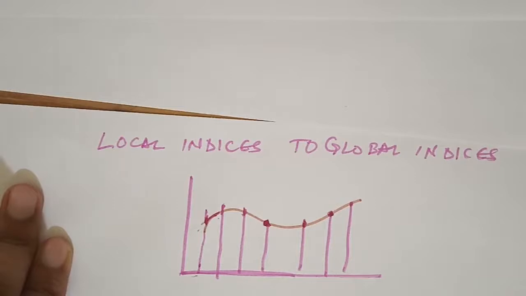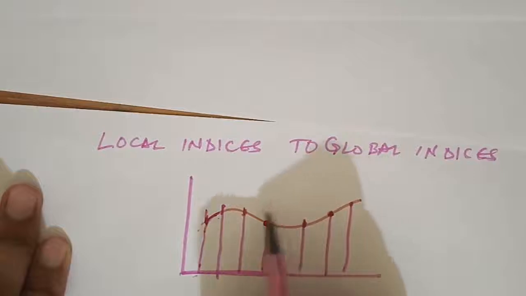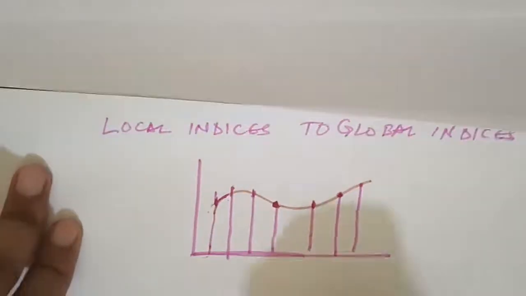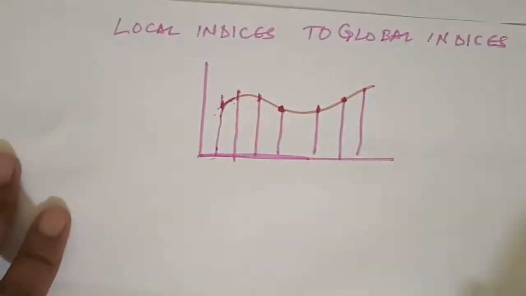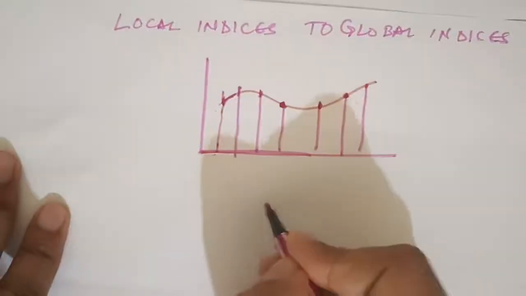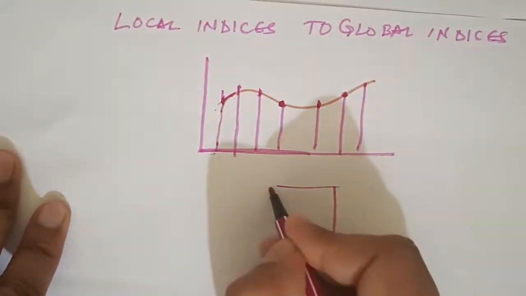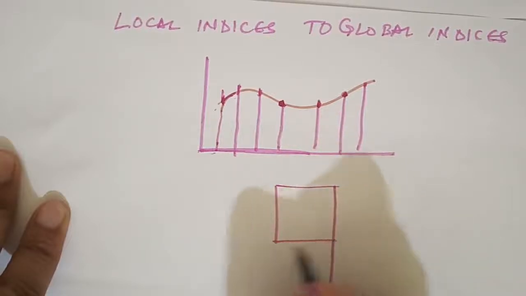Now the task is how to map this local equation to the global domain. For instance, to make it much more clear, we will take a simple example. Say we have something like this.